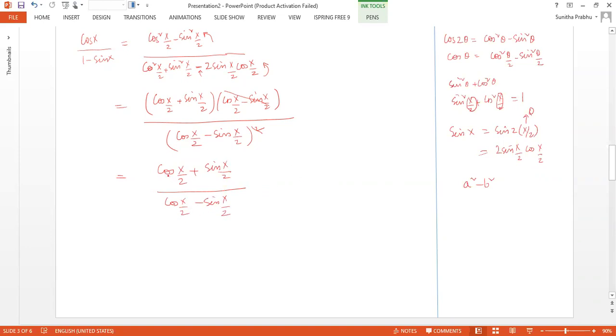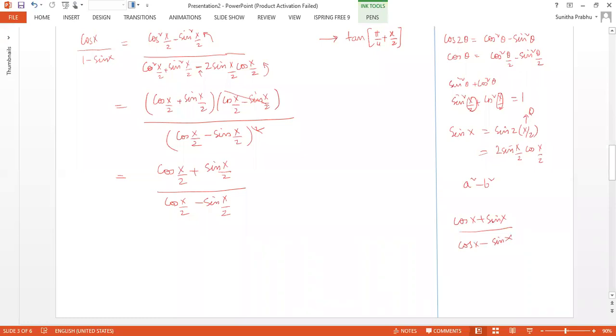Whenever you have cos theta plus sin theta by cos theta minus sin theta, and you need to head to tan, so you have tan of pi by 4 plus x by 2. So you have this form here on the left hand side: cos x plus sin x by cos x minus sin x.